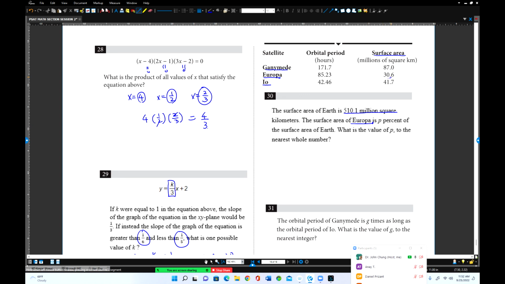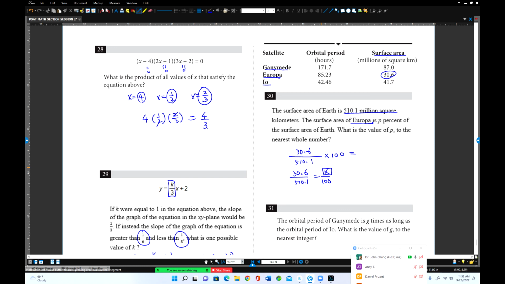Europa, 30.6 is what percent? Maybe you can use this one, okay? This is surface area. Also this one is a percent, isn't it? You can use this one or 30.6 over 510.1 equals x over 100. When you find x, that is a percent too.